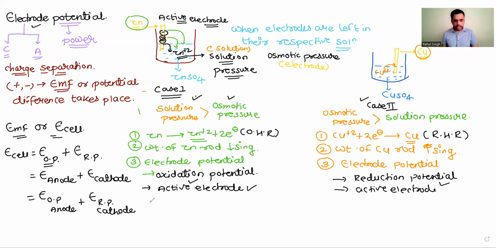So suppose we are taking E of oxidation potential, it could be nothing but minus of, we are just reversing this particular thing, that is our anode. So this can be written as minus of E reduction potential at anode.